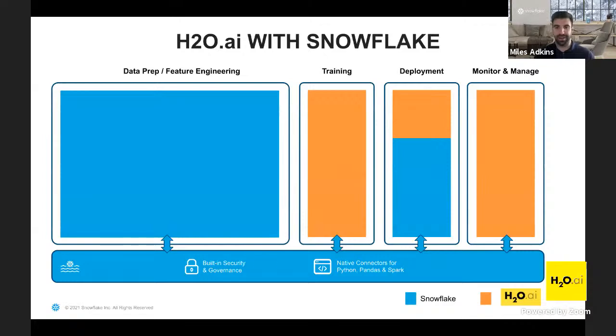We can do a ton of things related to the machine learning lifecycle just inside of Snowflake. And what customers really love about this is that our first features were really around built-in security, governance, and query performance.